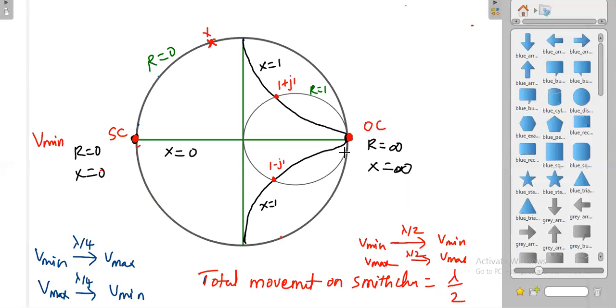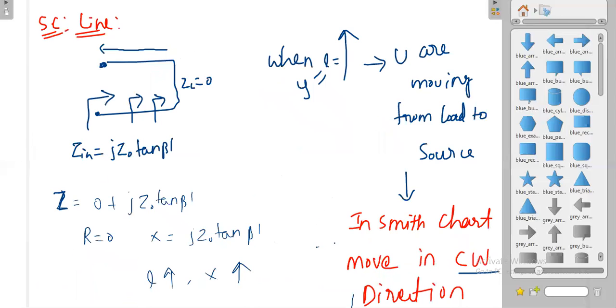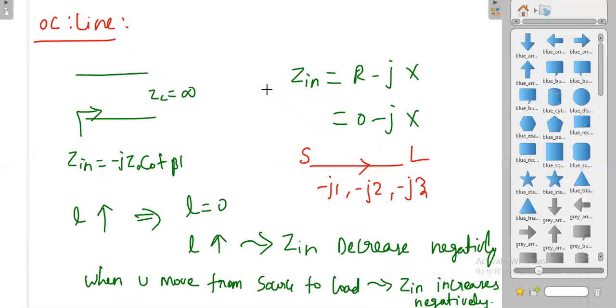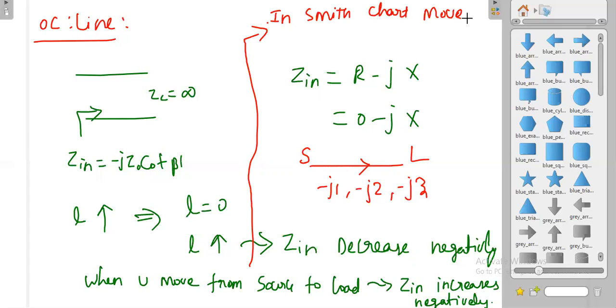So what is happening when you are moving from source to load? In which direction are you moving? You are moving in an anti-clockwise direction. So that is the conclusion: in the Smith chart, when you move from source to load, you move in an anti-clockwise direction.